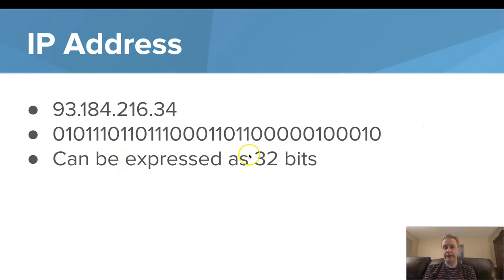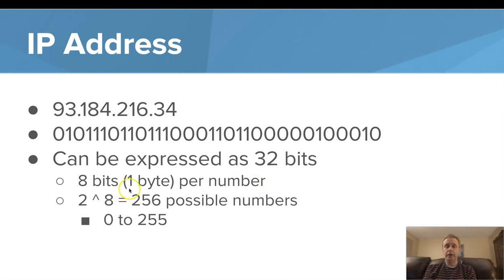Again, since 8 bits represent each number, 2 to the 8th is 256 possible numbers. And that allows each of these numbers here to range from any decimal number from 0 to 255.